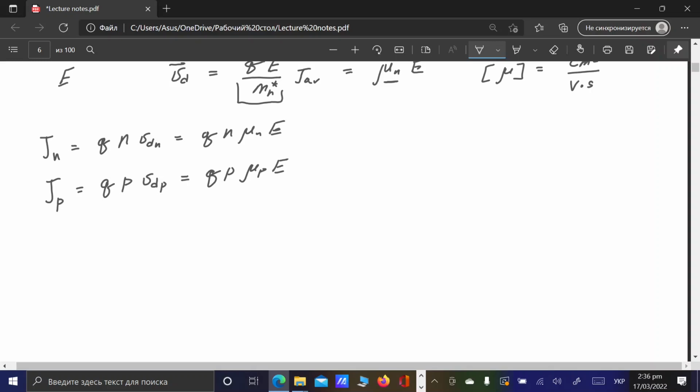Why are they different? Because the effective mass of electrons is usually not equal to the effective mass of holes, so the mobilities are also different.